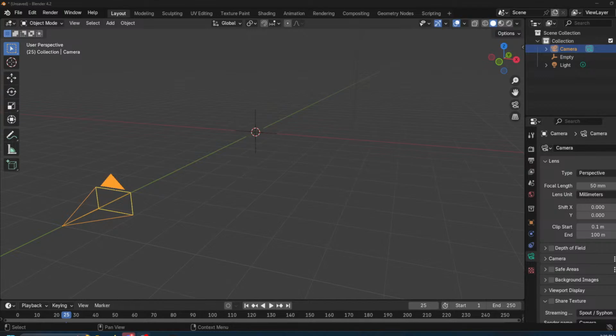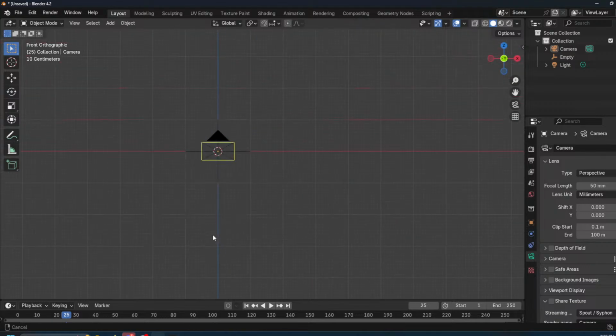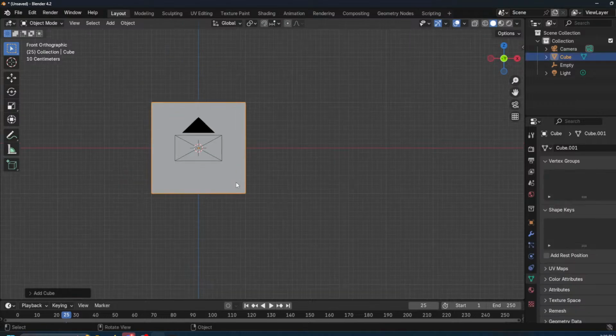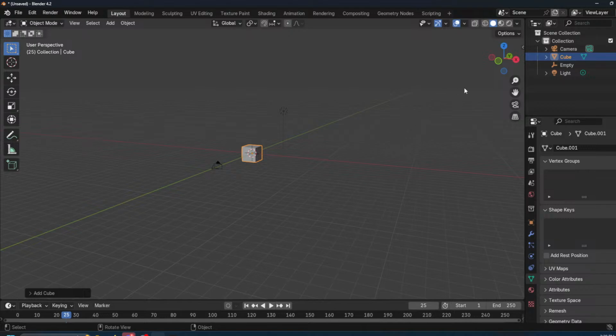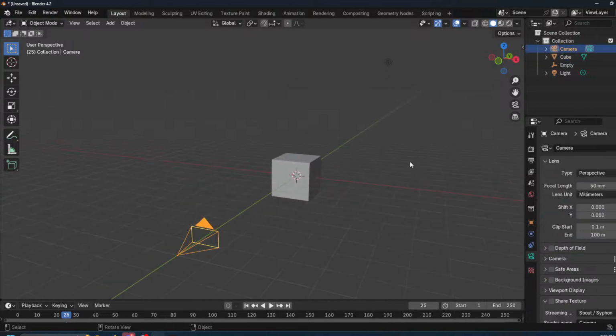So I lost my cube, so here's my cube. And I've got my camera.